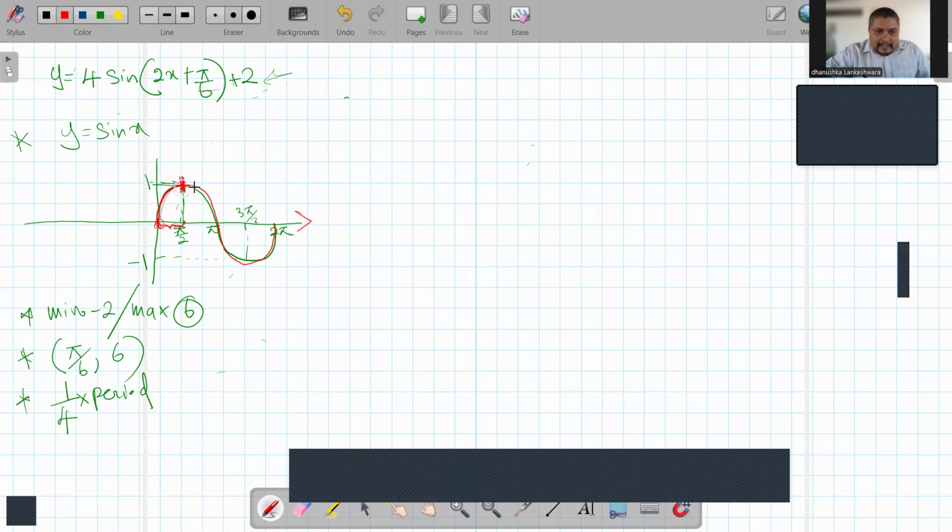And then during the next one-fourth of the period, it comes to the axis of oscillation, right? And again, after one-fourth of the period, it goes to the lowest point and then comes back like this. So then one-fourth makes sense, right? So we need one-fourth of the period.